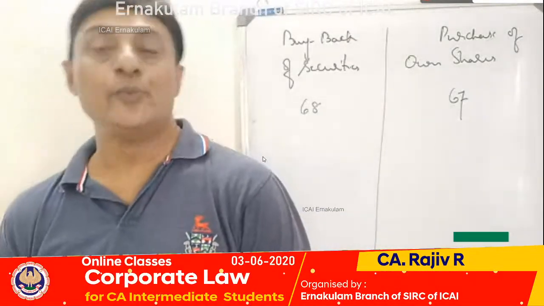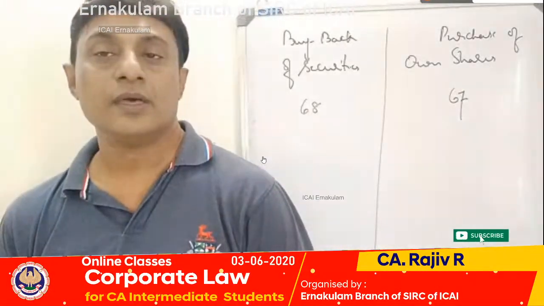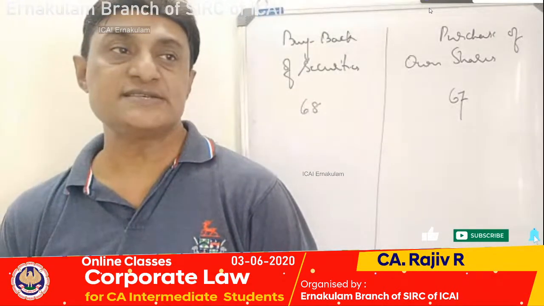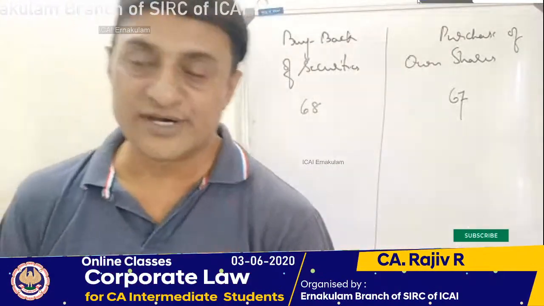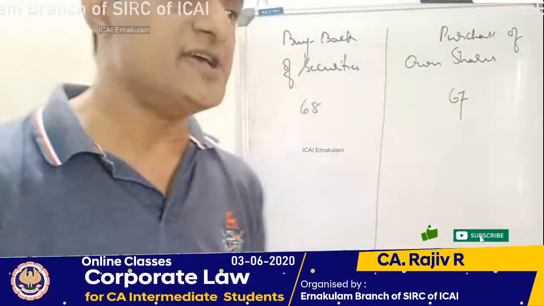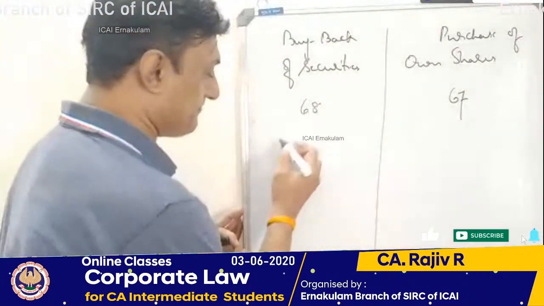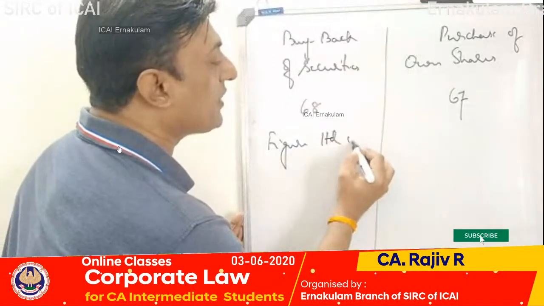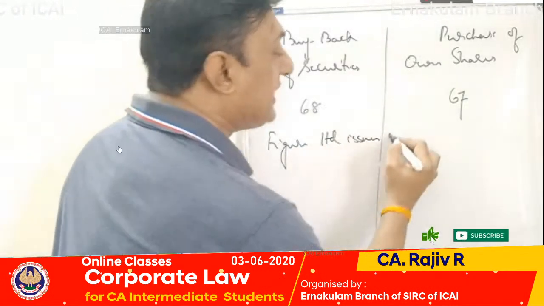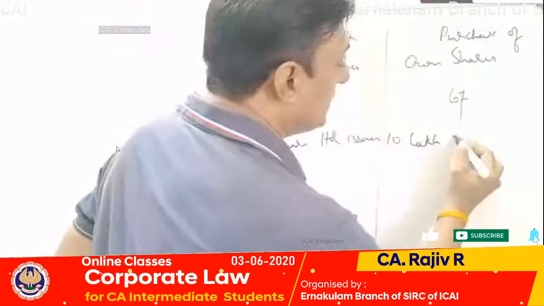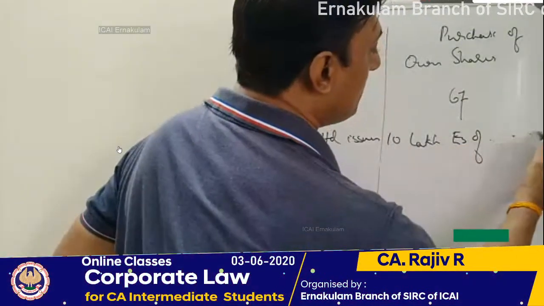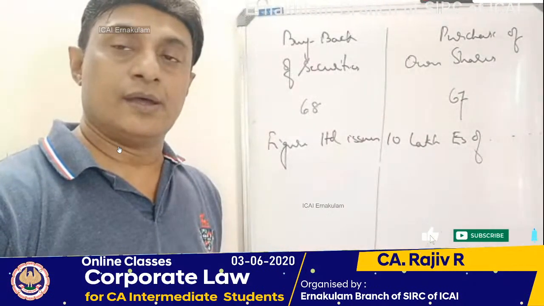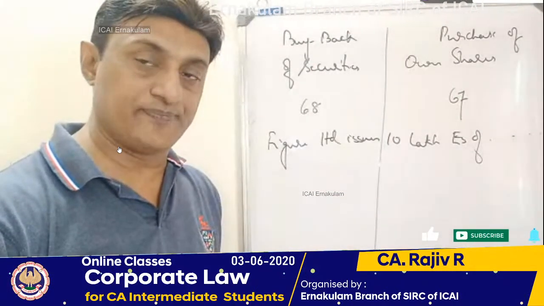Now, I'm imagining a very weird situation, a very clumsy phenomenon. Just imagine, just see how the possibility works. A company is today, let us say it's a company called Figure. Figure Limited issues 10 lakh equity shares of blah blah blah blah. 10 lakh equity shares are issued.